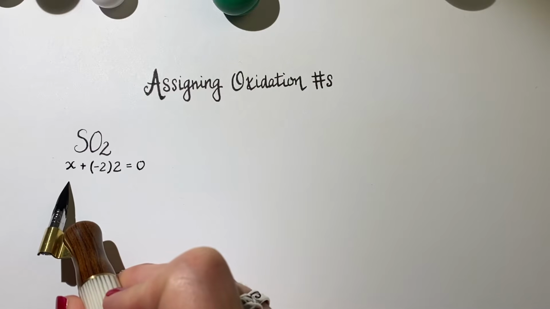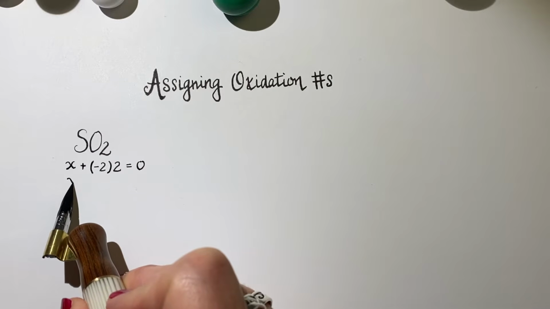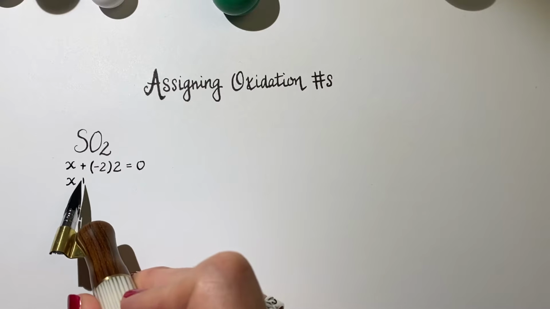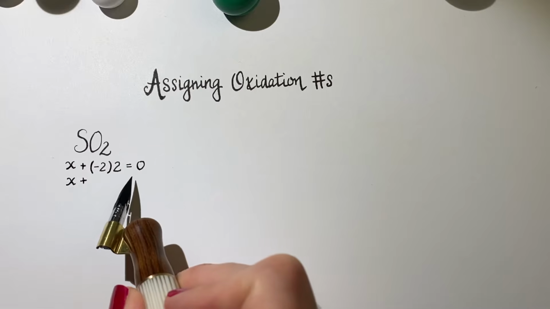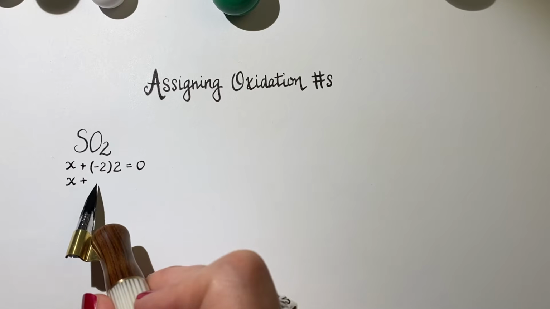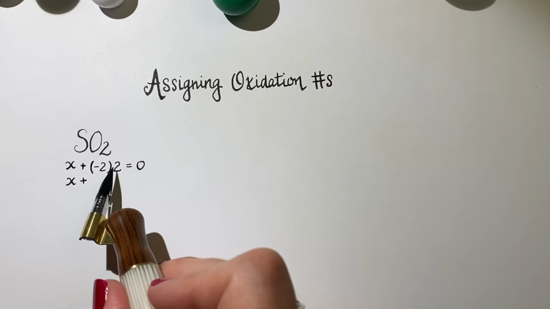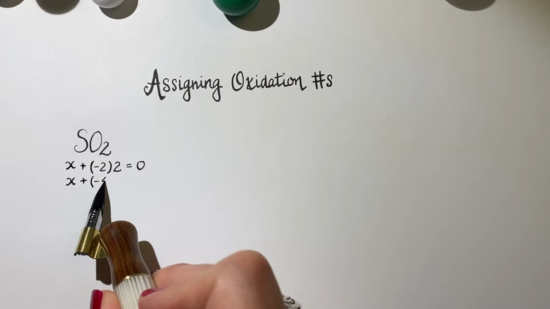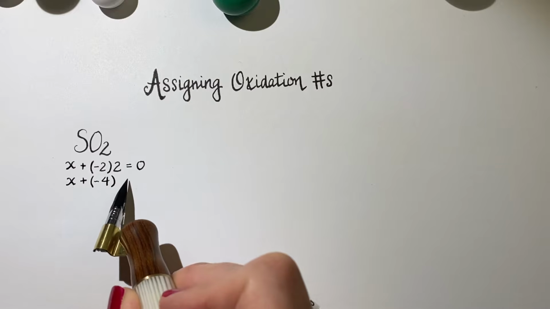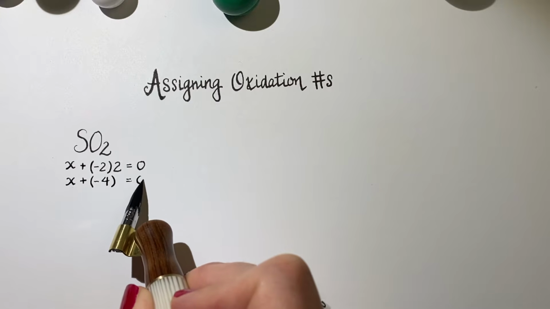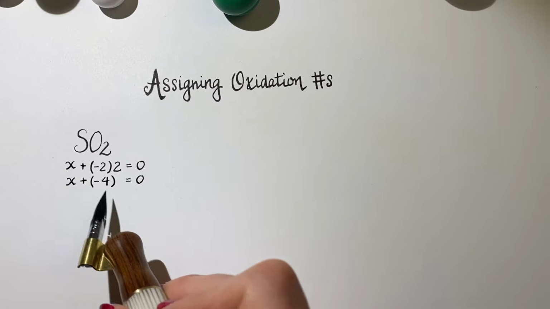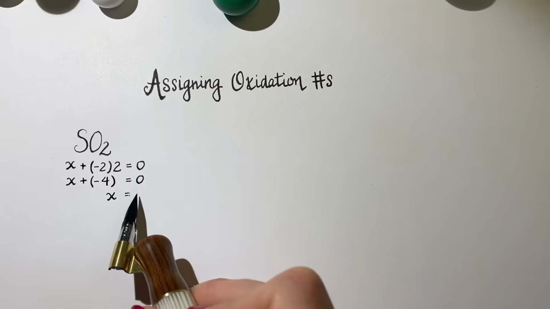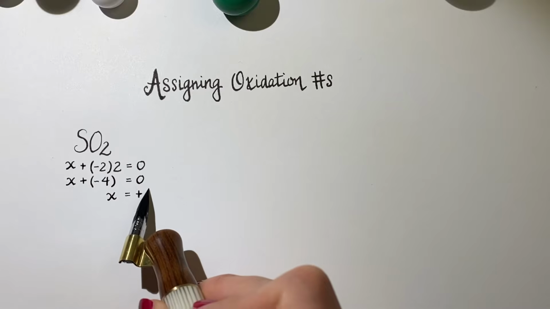So you can either do this by inspection, or if you're not 100% sure, you can go ahead and do the algebra that you would need to do. So here we multiply -2 times 2, and we get -4. And then when we add 4 to both sides, we see that X is 4.